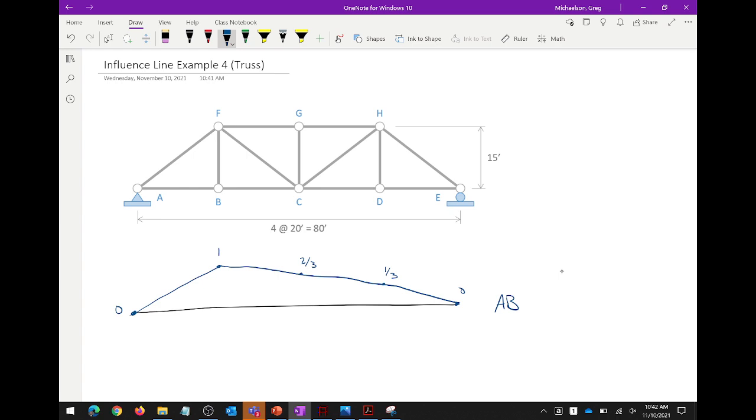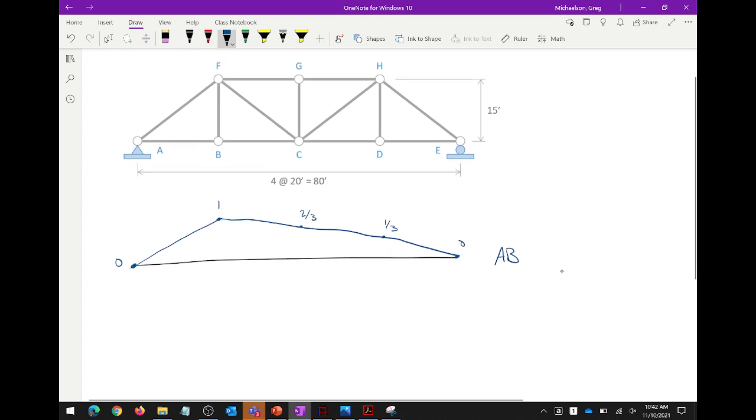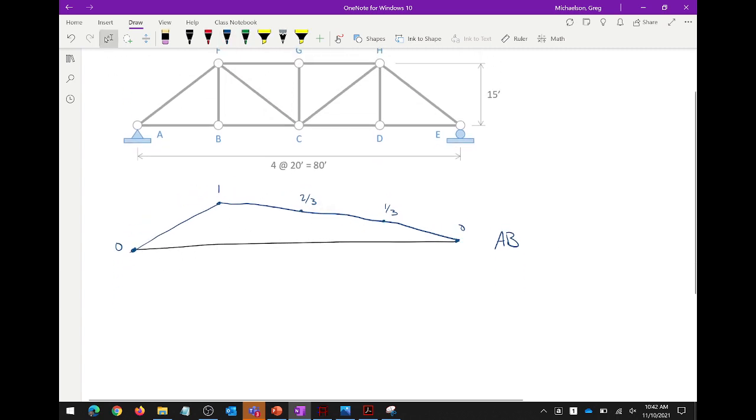All I'm doing is, it's kind of the brute force way. Like, I could do it by hand, right? I could put the load there, solve for the reaction, do method of joints, and then put the load there, solve for the reaction, do method of joints. Or I could let Mastan do the work. Either one works. Let's see what the diagonal does. Now, the diagonal is interesting.